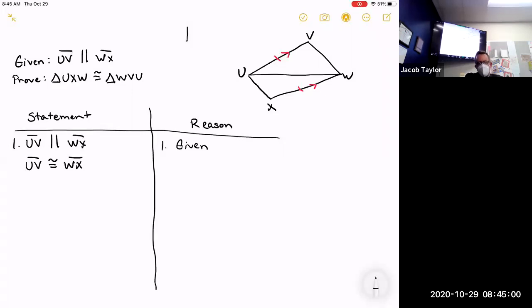Sure, as long as you switch both of them, because remember, order matters. So if you do VU and XW, that's okay. But if you did UV and XW, that might be problematic. We want to keep them in the same order. Okay, what else you got?